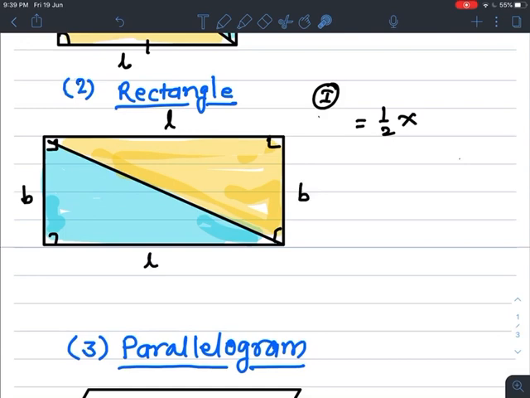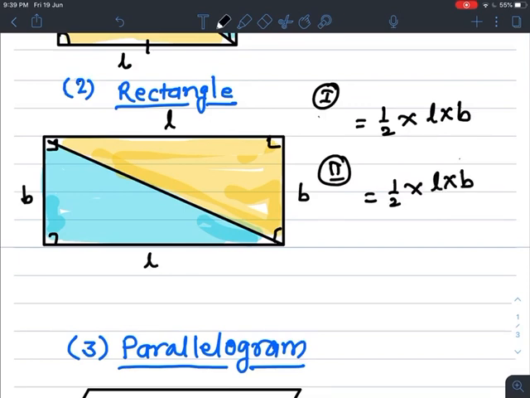So half L into B, half LB. Then I will find the area of this yellow triangle. Same way, half base into height. Suppose this is the base, this will be the height because its angle is 90 degrees. So here I can write half L into B.